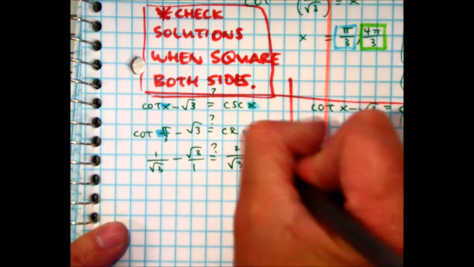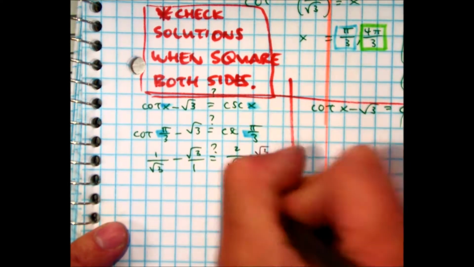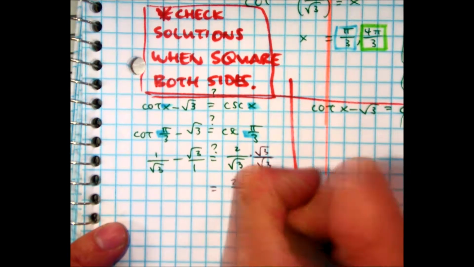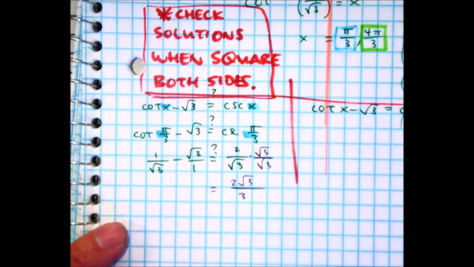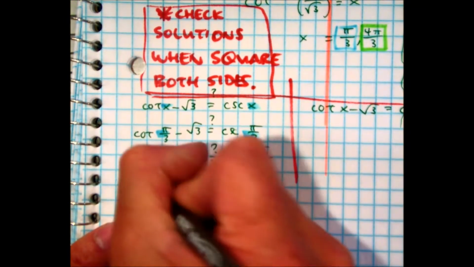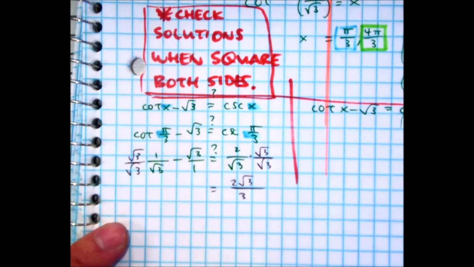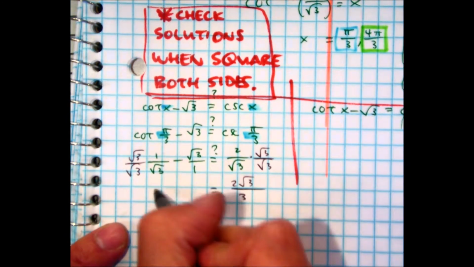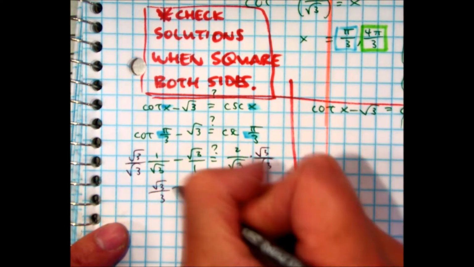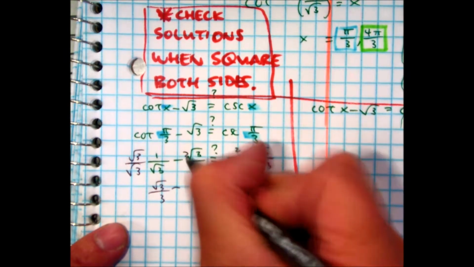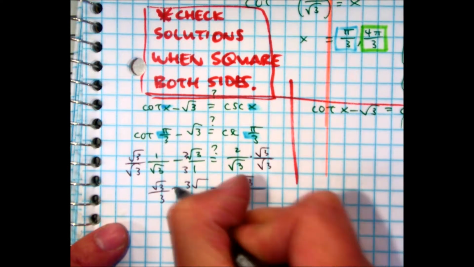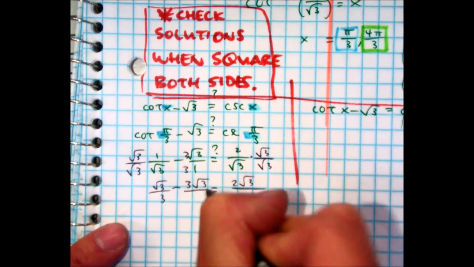I'm going to rationalize here. Multiply across: 2 radical 3 over 3. Over here I need a denominator of 3, so I'm going to multiply by 3 over 3. That gives me 3 radical 3 over 3.